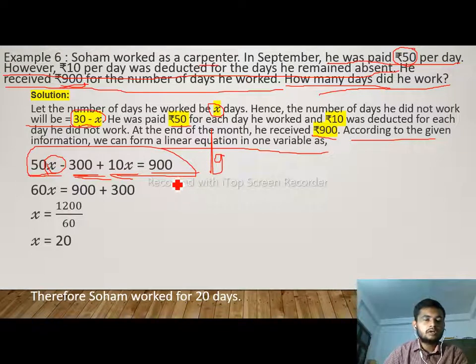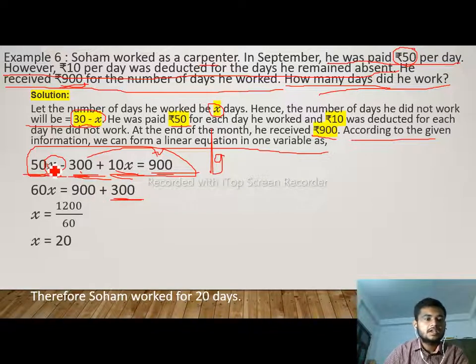So how will you solve this equation? By shifting the constant terms to one side and the variable terms to the other side. The constant terms are minus 300 and 900 and the variables are 10x and 50x. After shifting minus 300 from LHS to RHS, it becomes plus 300. As you've already seen, the minus sign becomes the positive sign after shifting.